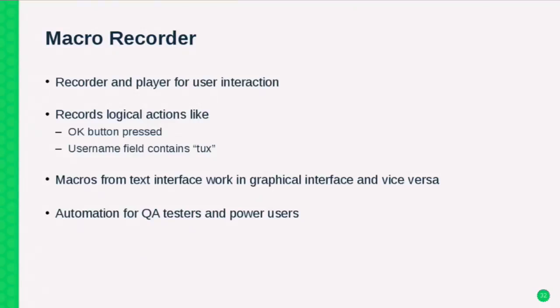By that, you can record some interaction on the text interface, and then play it back on the graphical user interface, or the other way around. It can be used by power users, by users who want to automate certain workflows. And I want to show you how that works.